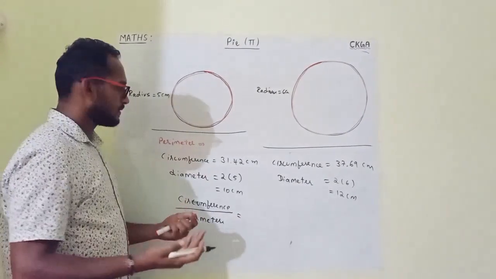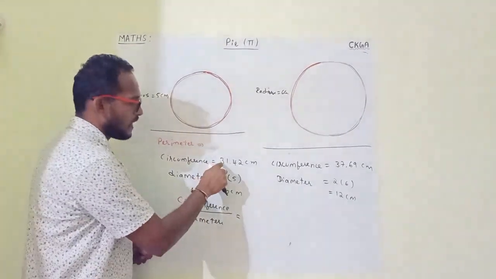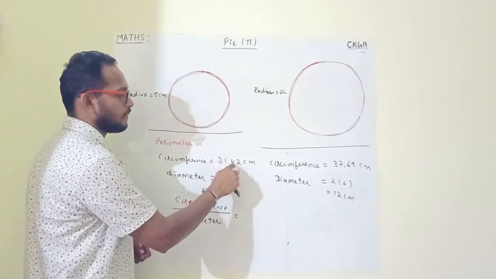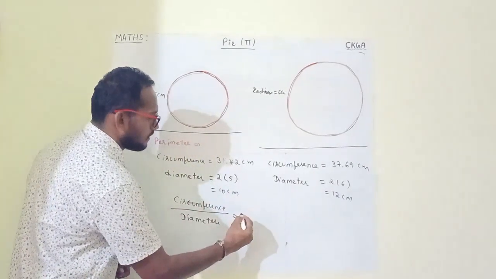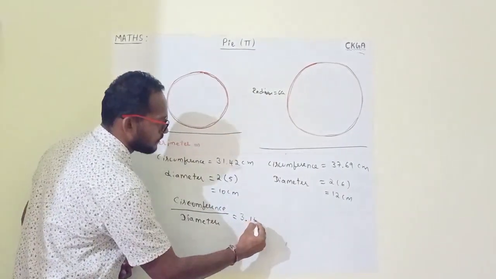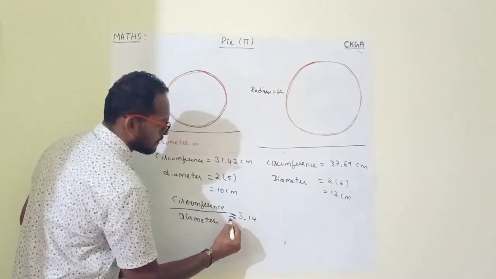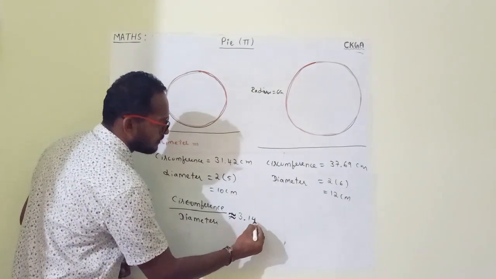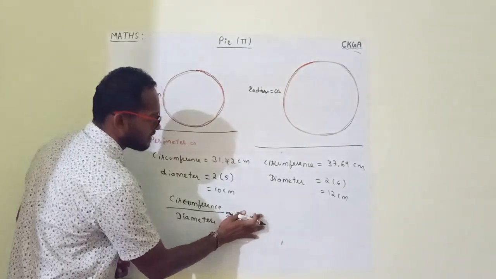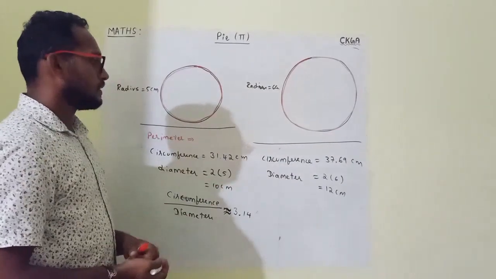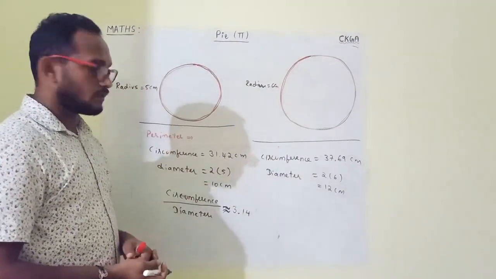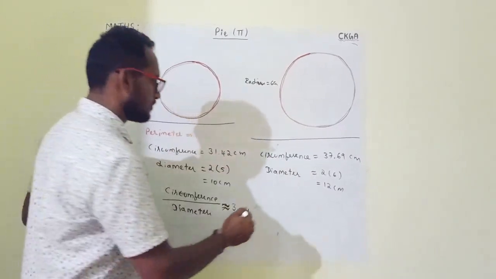When you divide 31.42 by 10 centimeter, you get approximately 3.14. I'm using the word approximation here. 3.14, is there something constant we're going to get? Let's see what we get when we divide the circumference by the diameter.